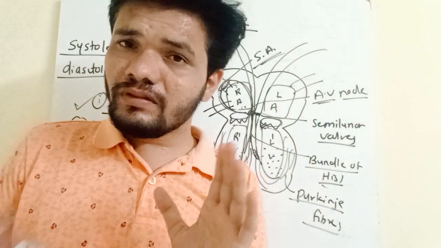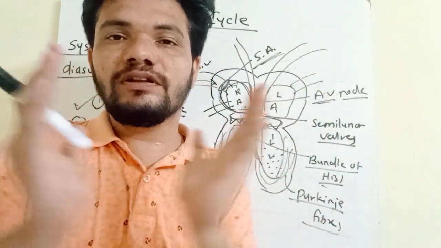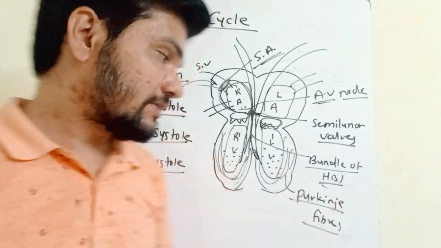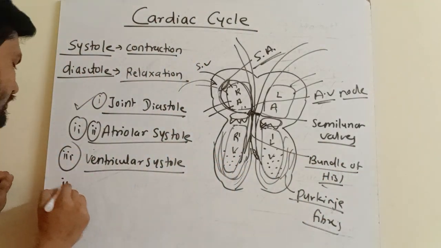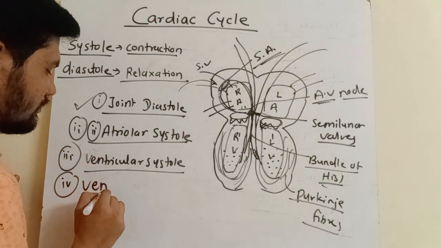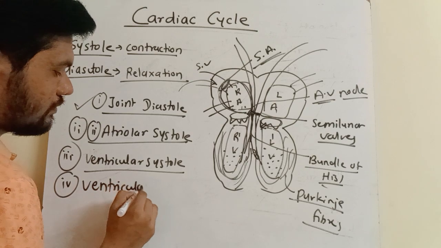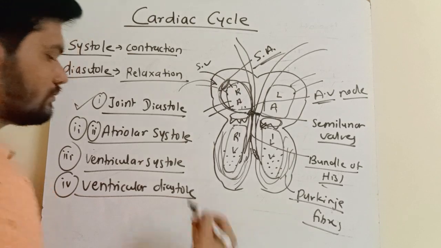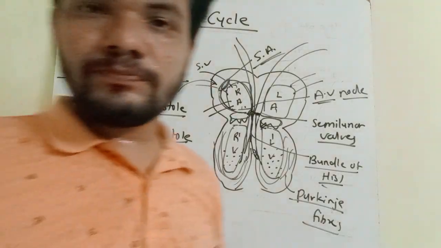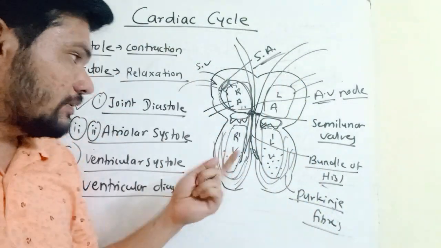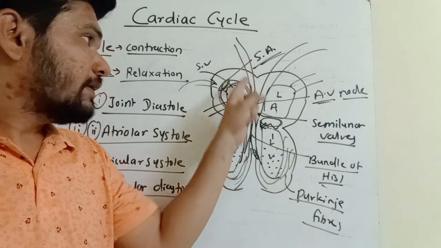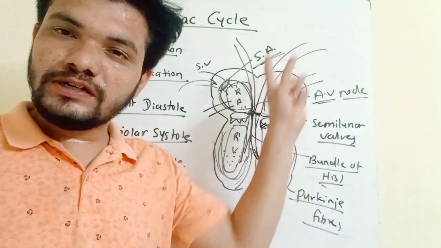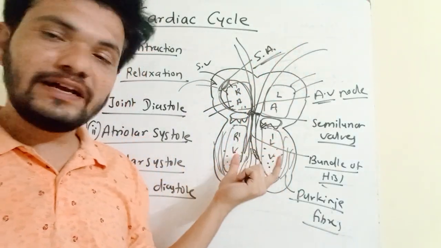After this, the ventricles will relax, which is called ventricular diastole. So now all the blood is transported towards these vessels, and the ventricles are empty.